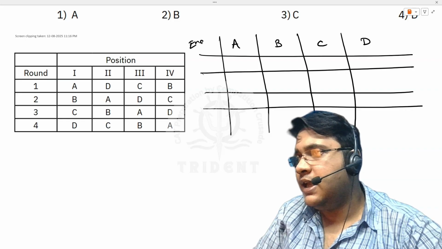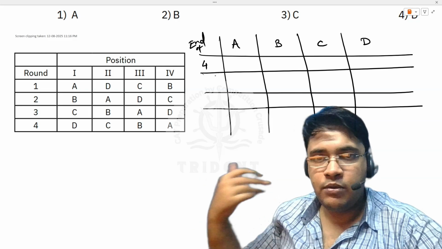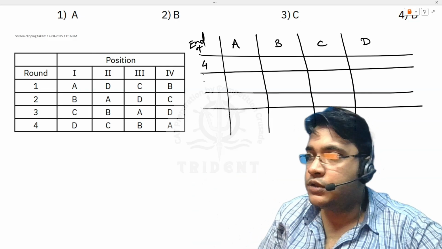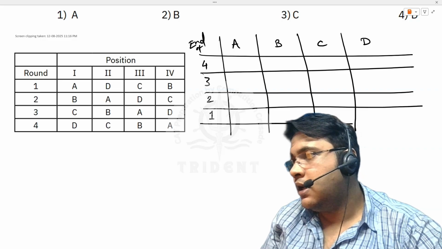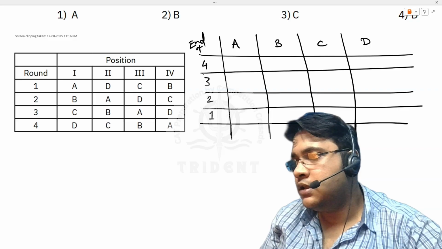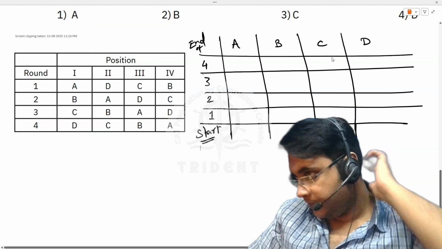This is the end of rounds and I'm going backward. So at the end of the 4th round, 3rd round, 2nd round, 1st round, and obviously they would have started with some amount of money. So the starting amount also I need to put in there.